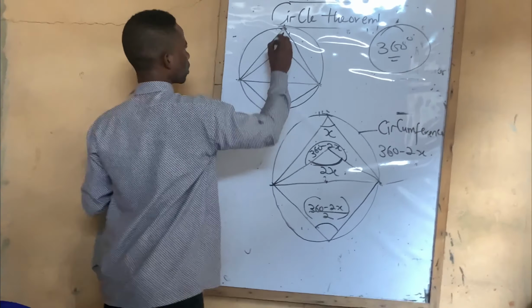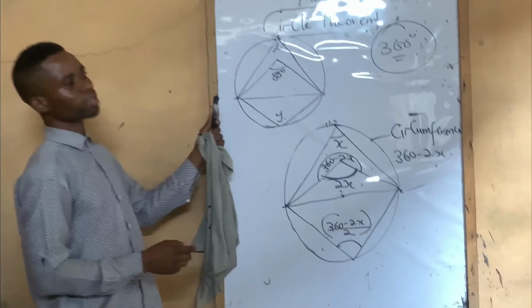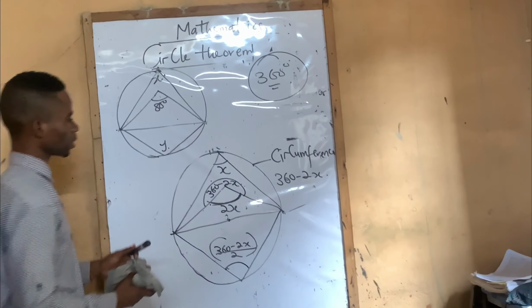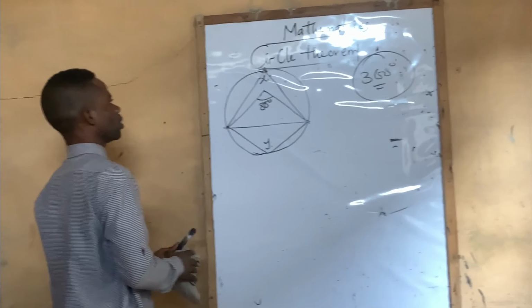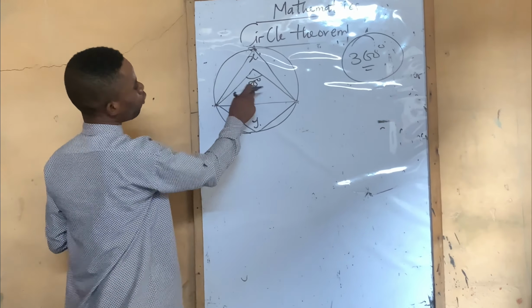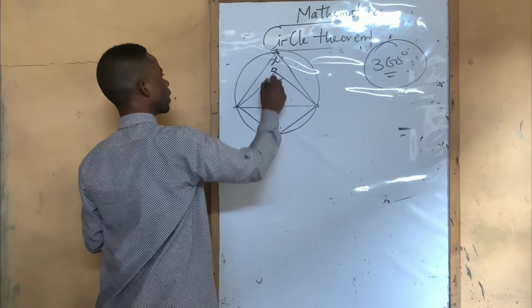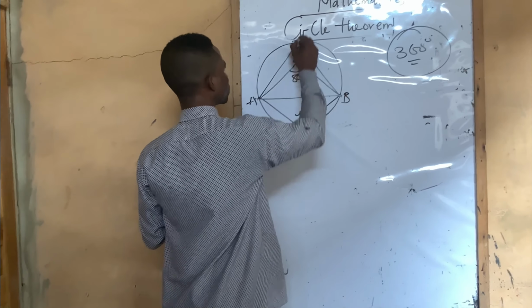They now put x here, they put y, and they ask me to find the x and y degrees. How will I do that? With this theorem, I can do it. Whatever that is here, do not forget, if here there is 80 degrees, label it anyhow.